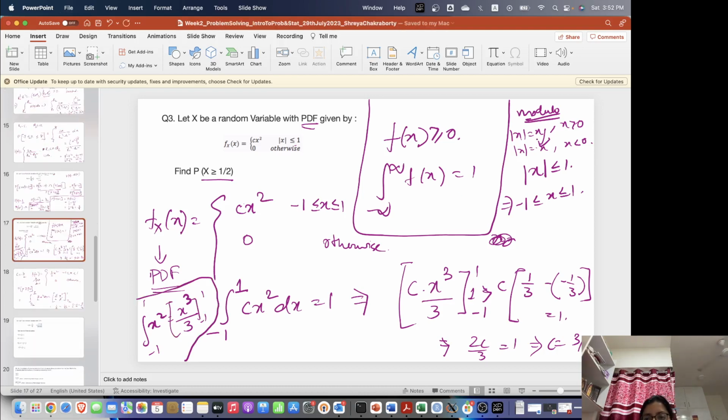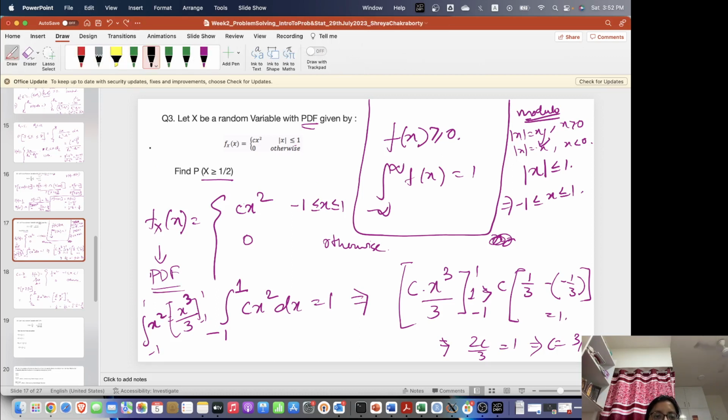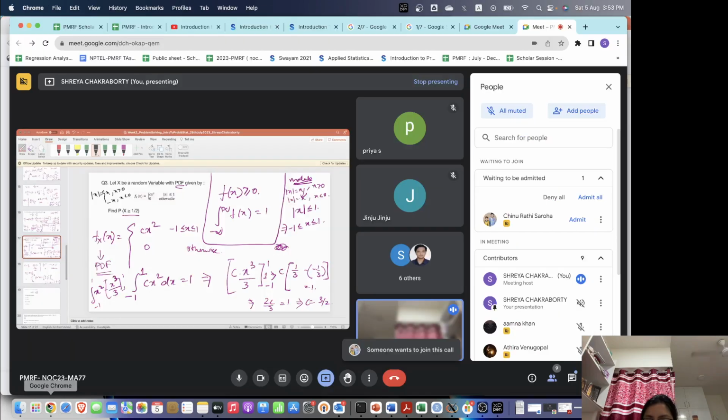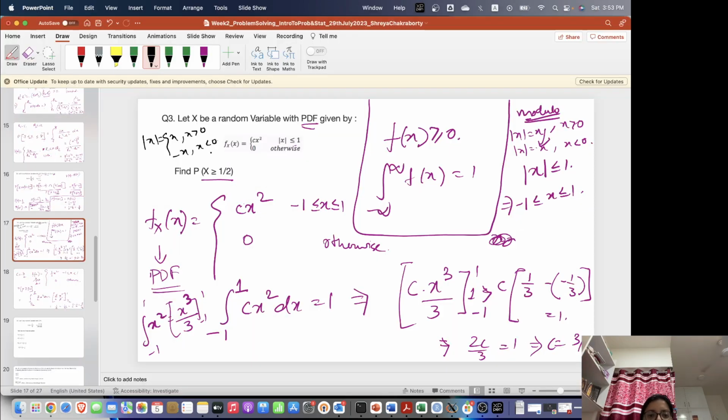This one you understood, right? Modulo, what it means. Because the mod function is defined this way, I'll write it again here so it is clear for everyone else also. Mod x means x when x is greater than 0 and minus x when x is less than 0. So if x equal to -1, then mod x will be minus of -1, that is 1.